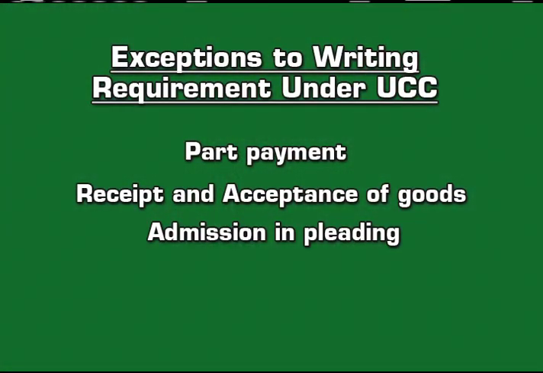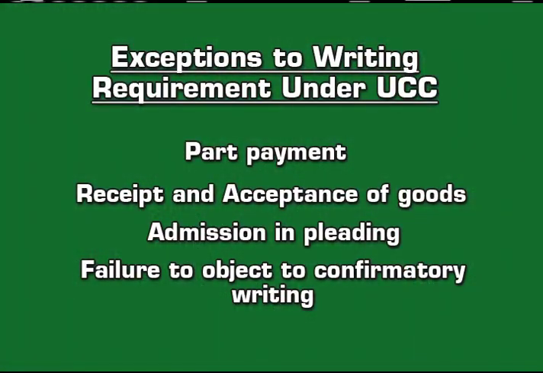If a party admits to the contract in a court proceeding, in a pleading and so forth, that would be an exception to the statute of frauds. If a party admits to the contract in a pleading, in court testimony, or the like, then the party cannot then deny the contract because there is no writing.